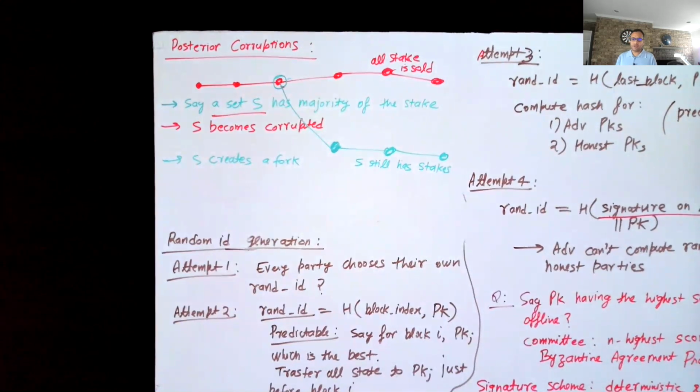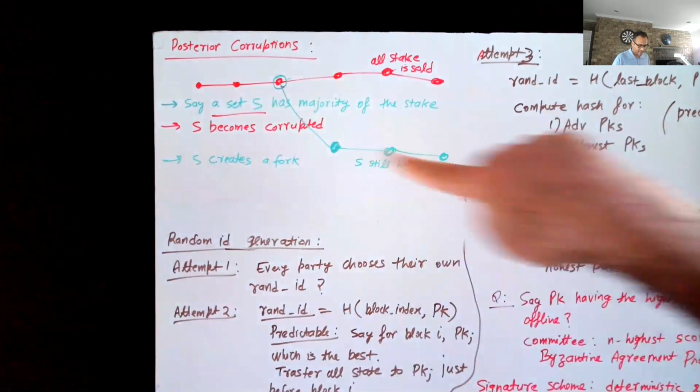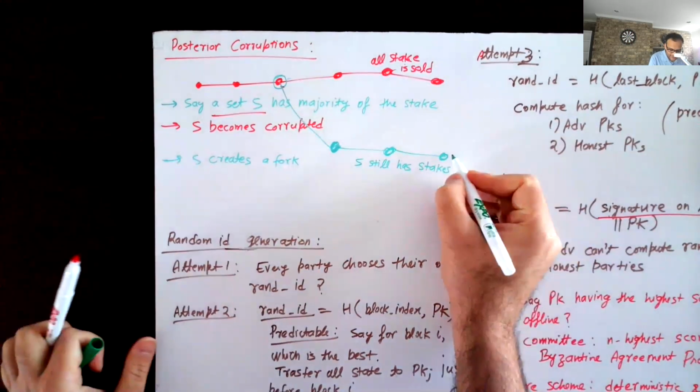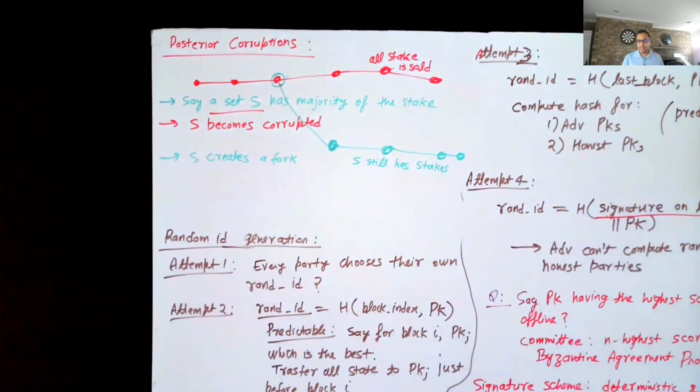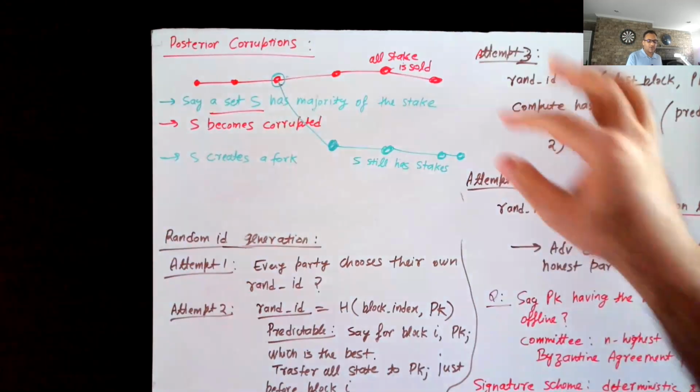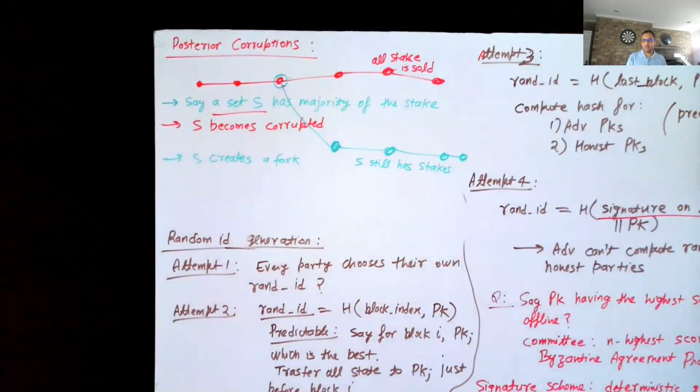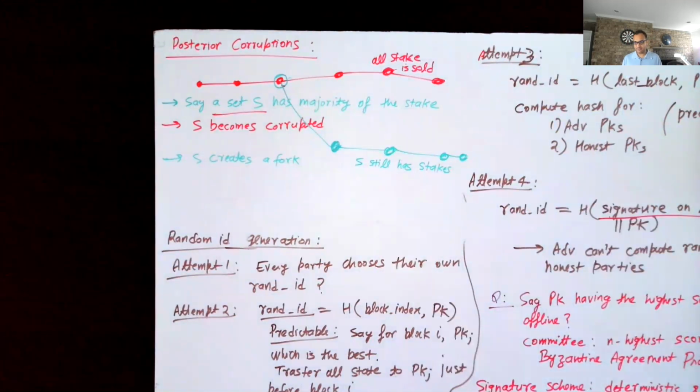If you have the majority of the stake, you can proceed, you can create a fork. Now some new miner joins, and you have these two different versions of the proof of stake based blockchain. How do you determine which one is the correct one? That's now completely unclear.